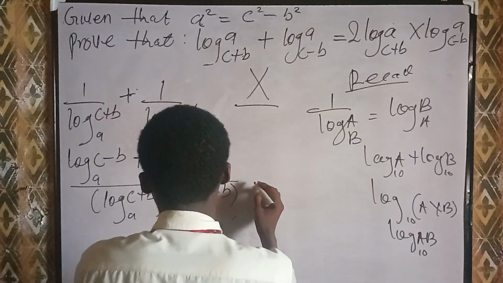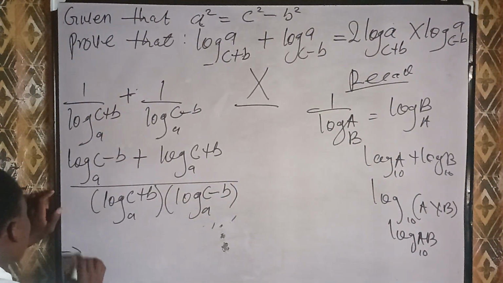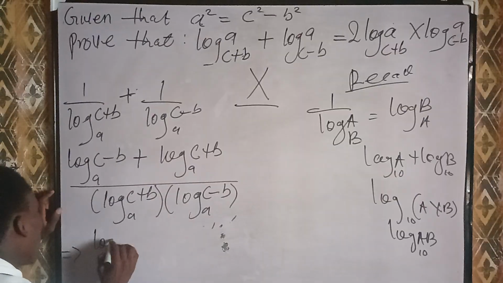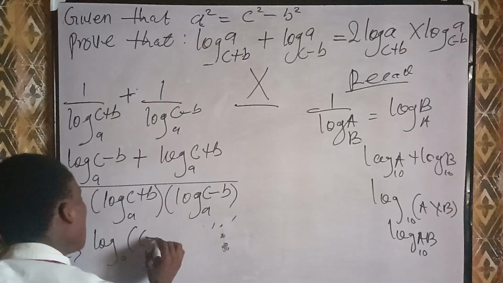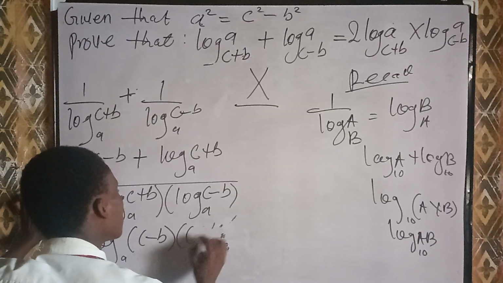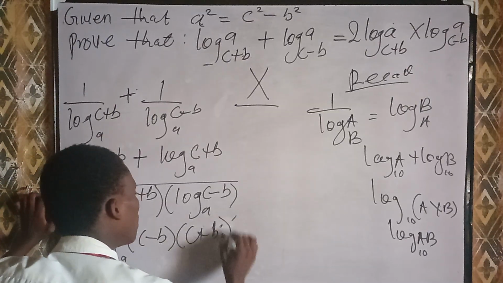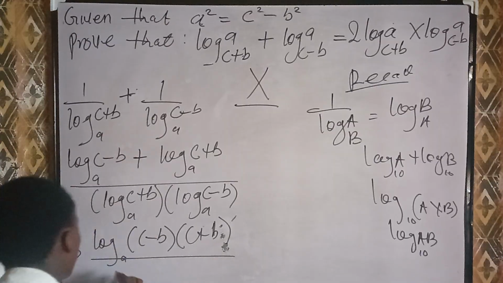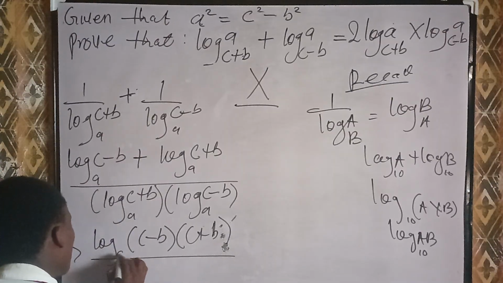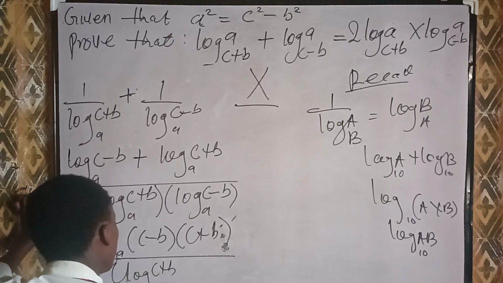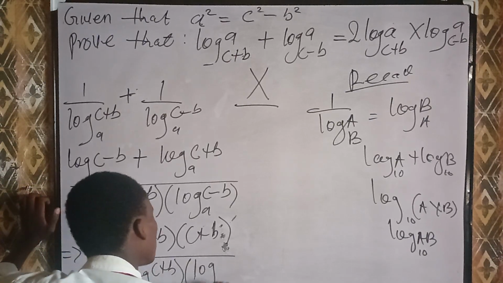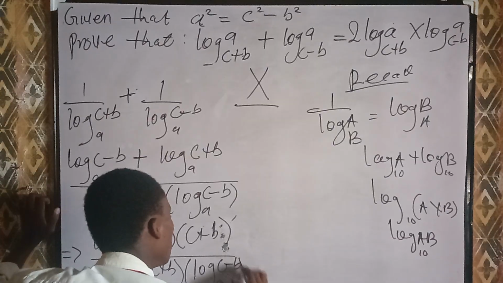So from here, since the bases are the same and we are adding, we multiply: log_A of (C−B)(C+B), all divided by log_A(C+B) log_A(C−B).